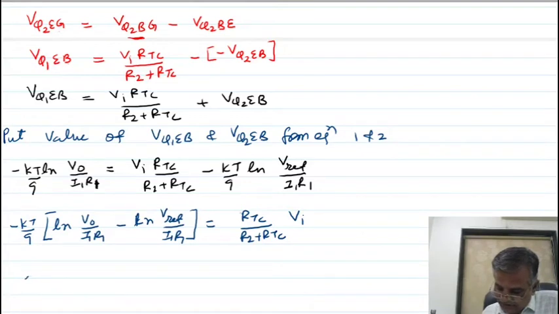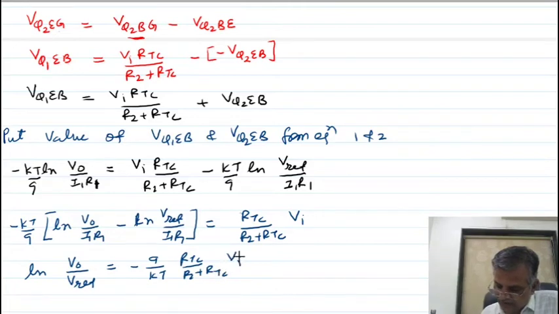So I can write ln Vo by V reference is equal to minus Q by KT. This is RTC upon R2 plus RTC into Vi.